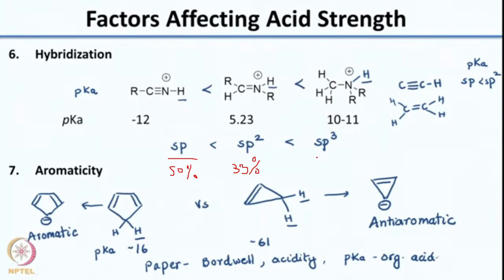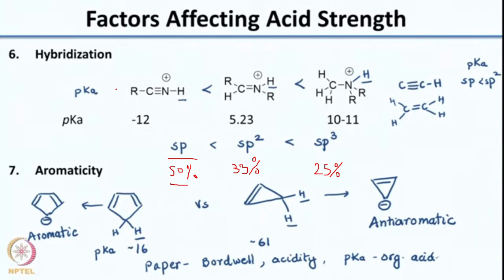Now talking about sp3, here 25% s character is present. So as I told you, when the s percentage increases, the acidity also increases. In the case of sp, the s percentage is very high, so it is more acidic.